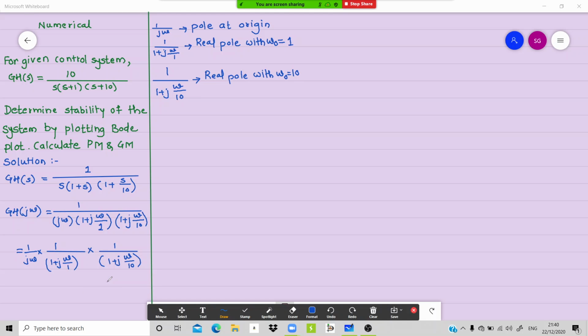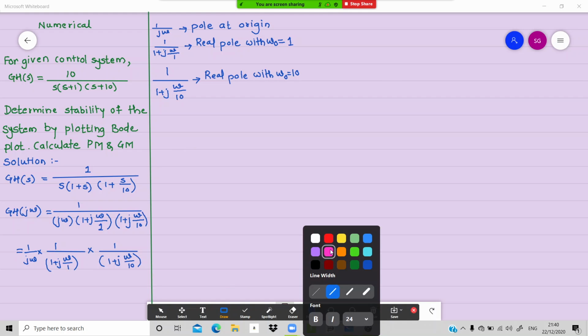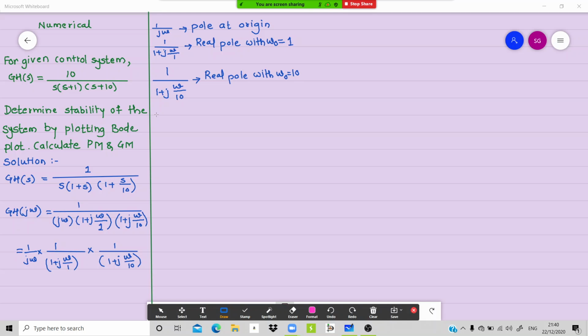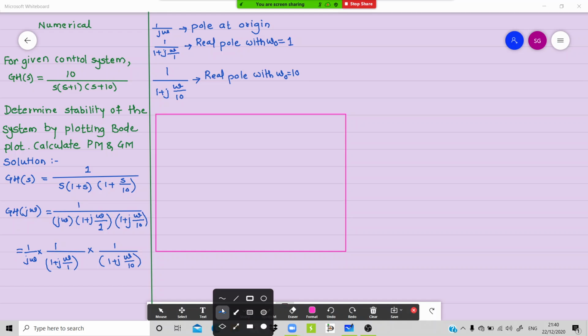Alright, so we'll prepare the table of the factors. It becomes easy if we go by the factors, and then collectively write all of them, preparing the table for the magnitude and phase, right? So let me draw a table. Three factors are there, so this one will be sufficient.